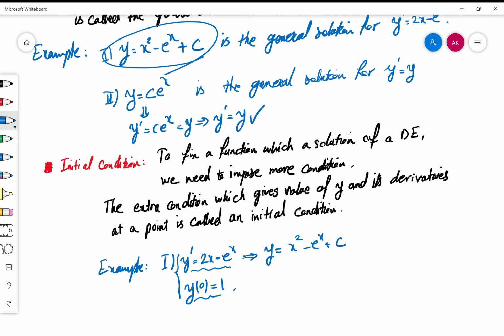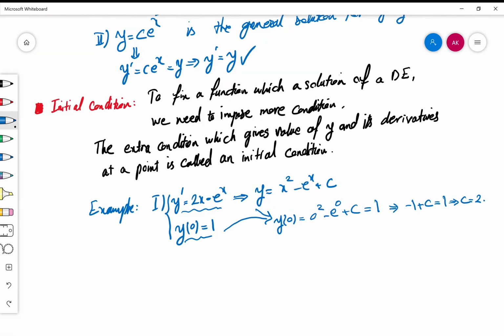But if you add this condition there, it means that we see what is the value of y at 0. So 0 squared minus e to the power 0 plus c needs to be equal to 1. And that means negative 1 plus c is equal to 1, so c needs to be 2.